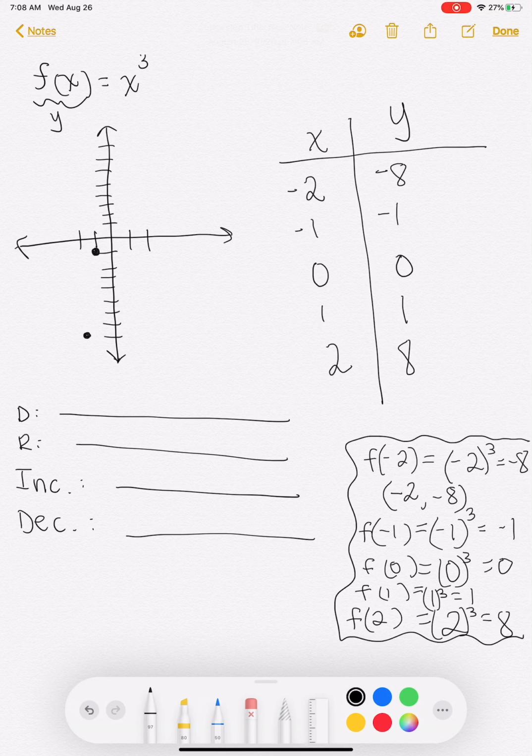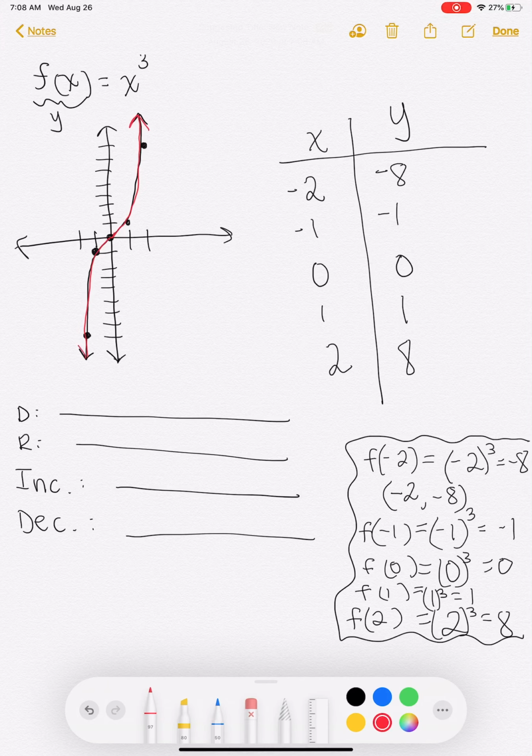Everything I'm doing right now, you should also be doing on your handout. 0, 0, 1, 1, and over 2 up 8. Now you just want to connect these dots. I'm going to connect them as I move left to right. I have no more dots to connect, and there's our graph. I should have done that in a different color.